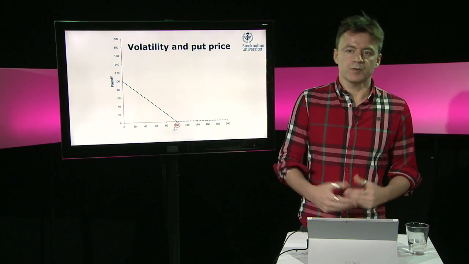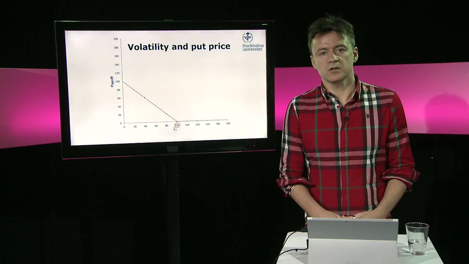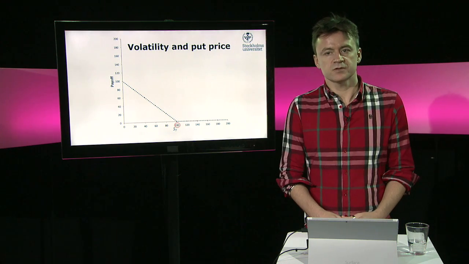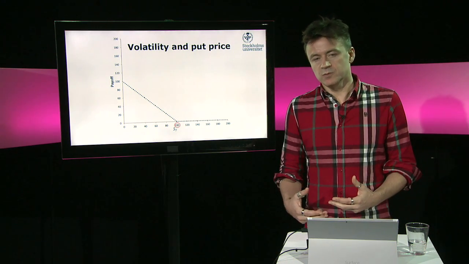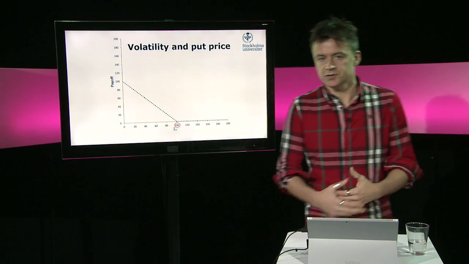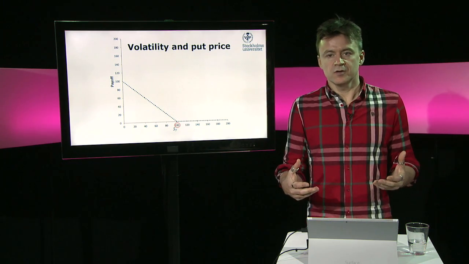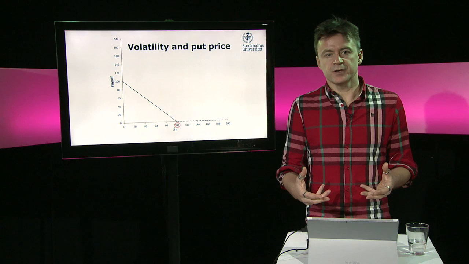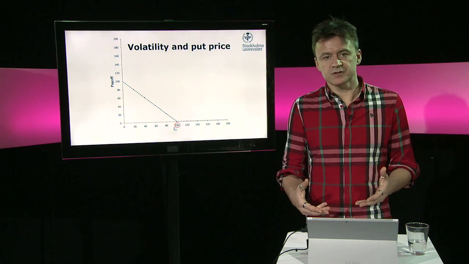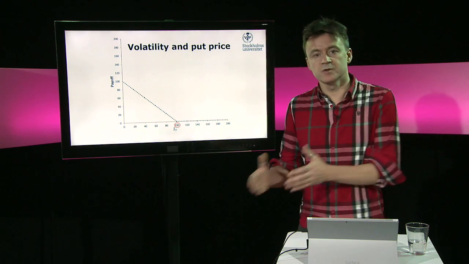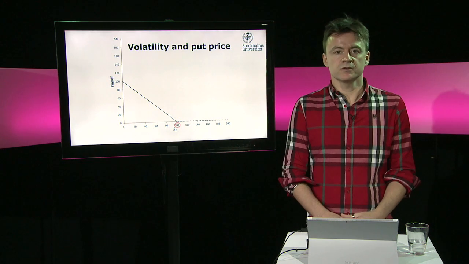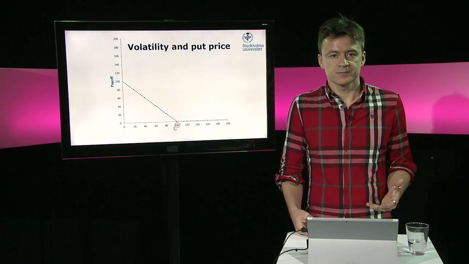the fact that larger moves to the right in the price of the stock become more likely doesn't cause the probability of lower payoffs of the put option to be more likely, because no matter what the final price of the stock is, as long as it moves to the right, the payoff of the option will always be zero.